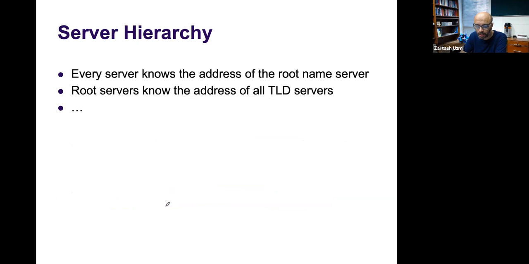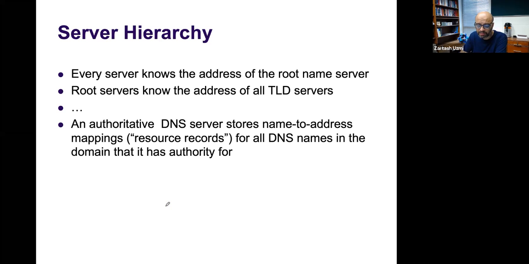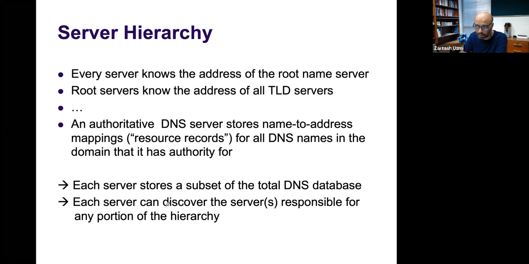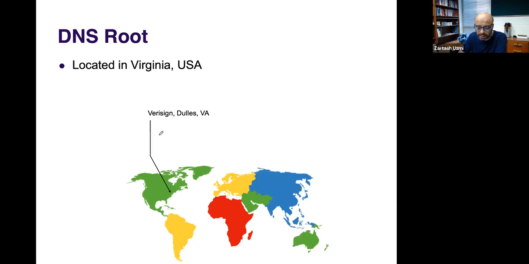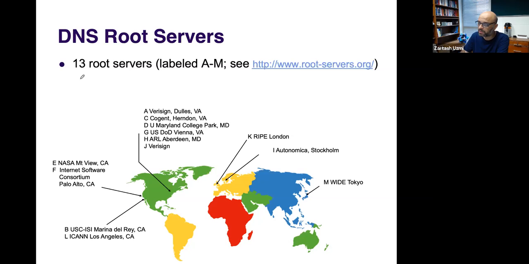Yeah. So then you have these server hierarchies. We talked about that last time. So basically, the DNS root is located in Virginia, and as we said, it's not just one server. It's not one machine. You have this root name server replicated at lots and lots of places.